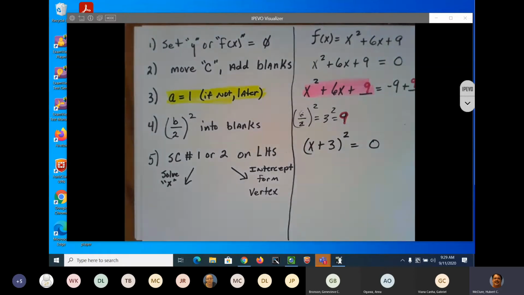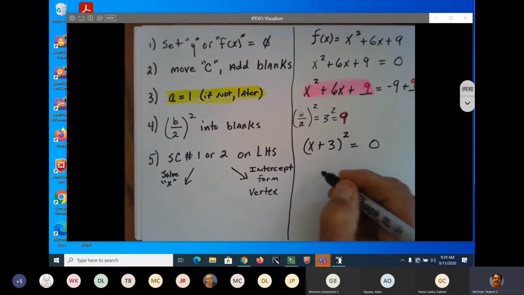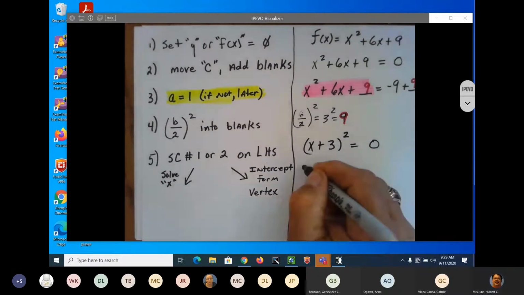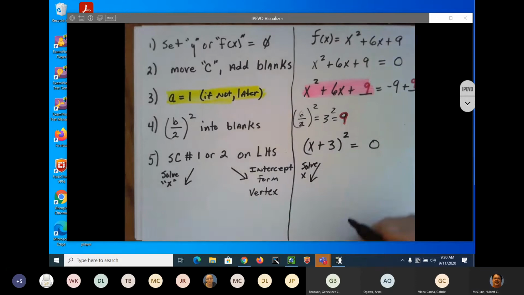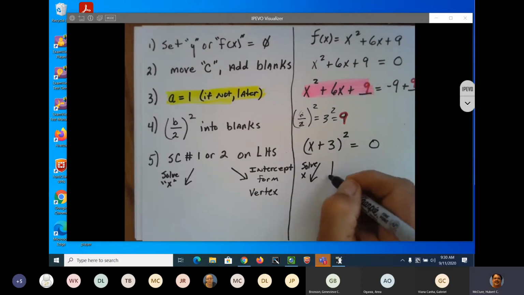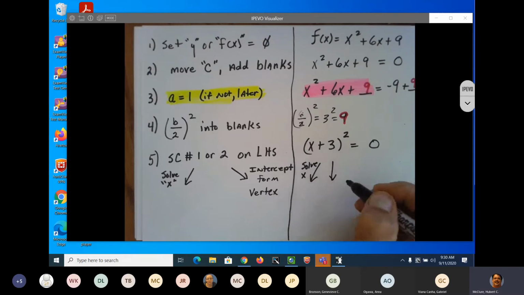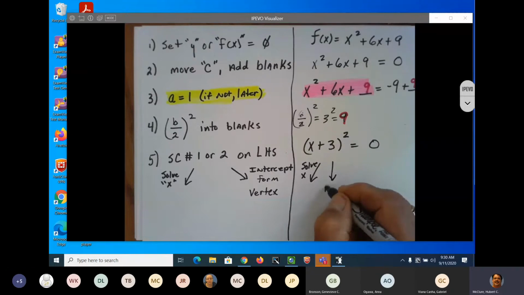Now at this point, there's 2 or 3 things that we can do. One is we can solve for x. Two, we can put it in intercept form.